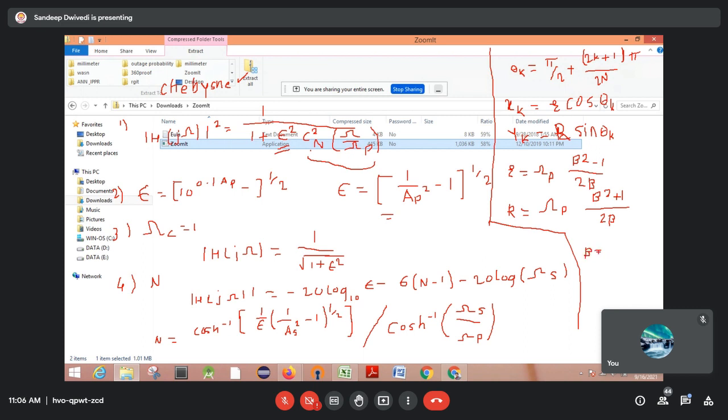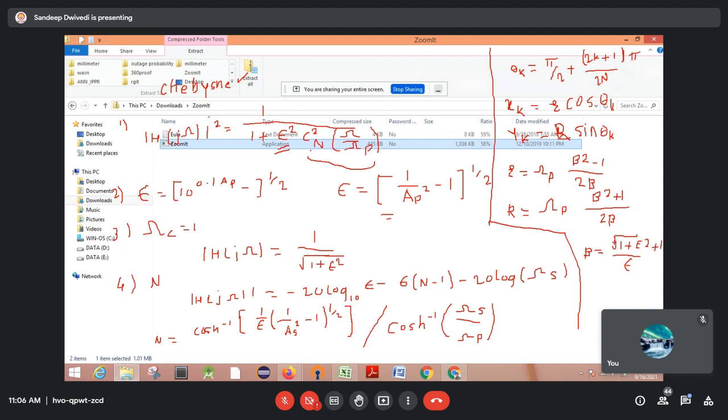Okay, and how can you calculate this parameter beta? For that you need to refer to the parameter epsilon: 1 plus epsilon square upon epsilon, and here is a plus 1.